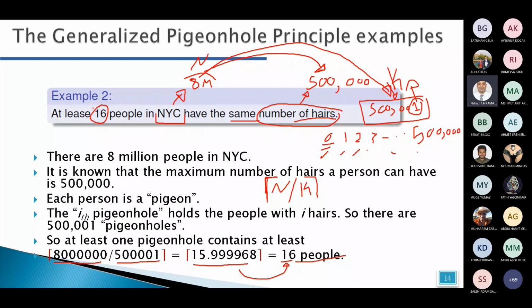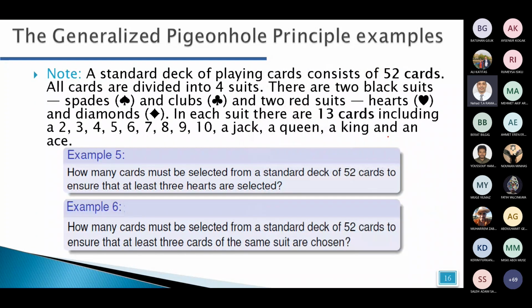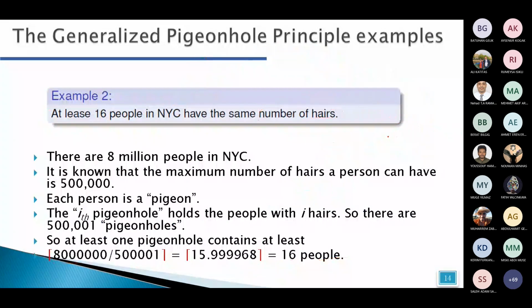It's not certain that only 16 people have the same number of hairs, maybe 100, maybe 1,000, but at least we are sure that 16 people have the same number of hairs. So this is the idea of applying this rule. We have many examples, and I will send you even more examples for this pigeonhole principle.